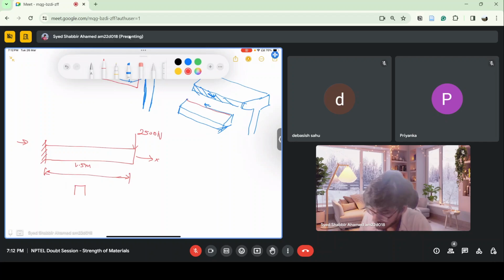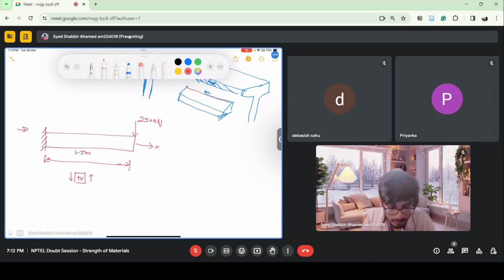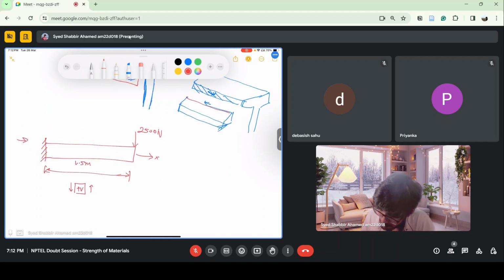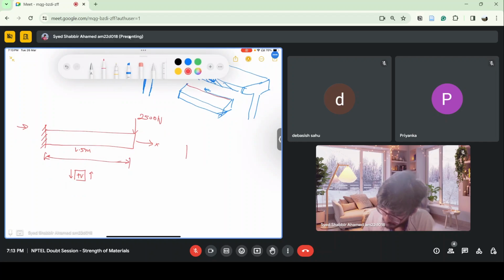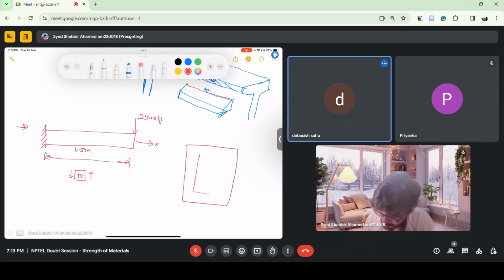This is the shear force convention we follow. And this beam has a box section.